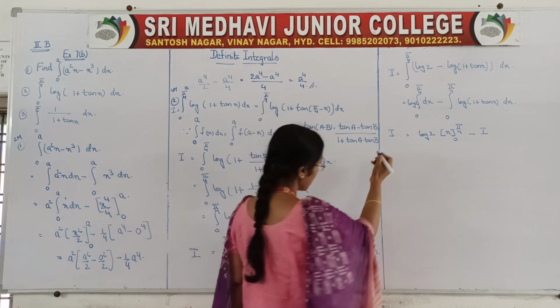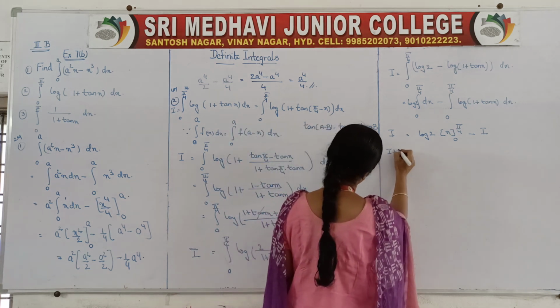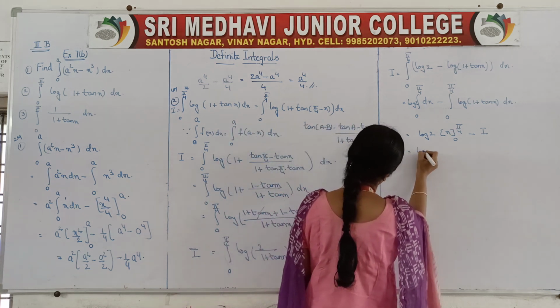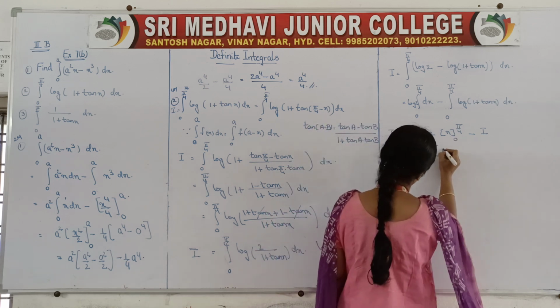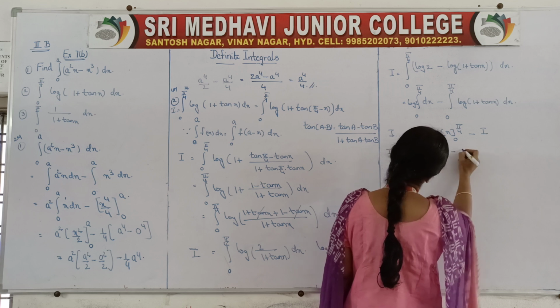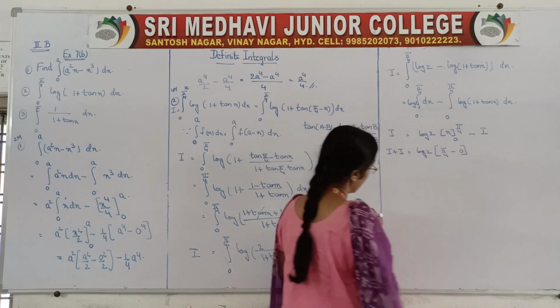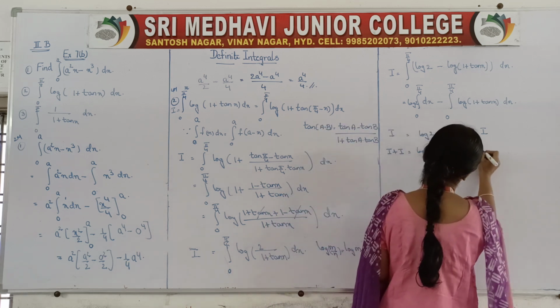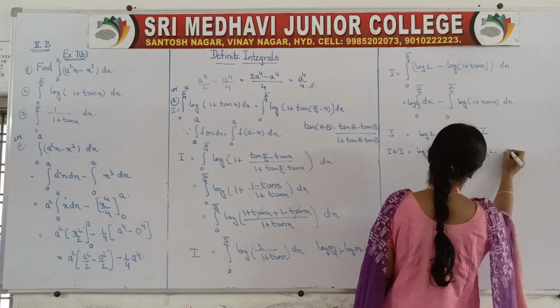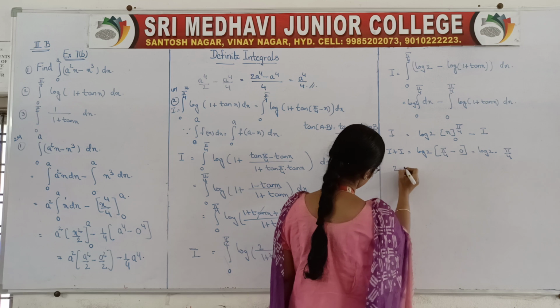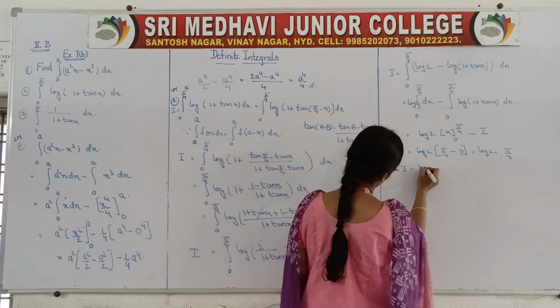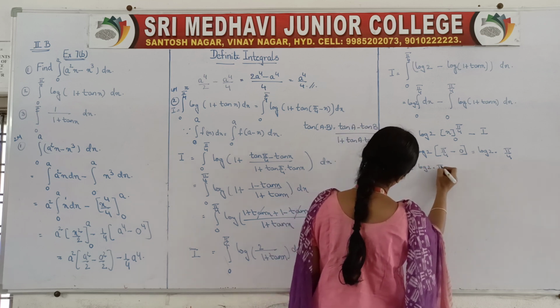Bring I terms together. So I plus I is equal to log 2 into, in x place, upper limit minus lower limit, it is log 2 into pi by 4. So this is 2I. 2I is equal to log 2 into pi by 4.